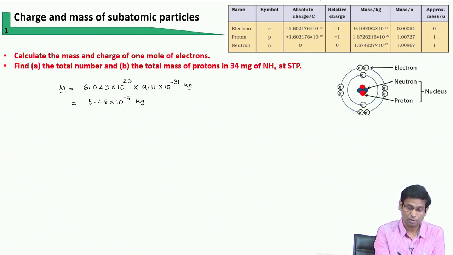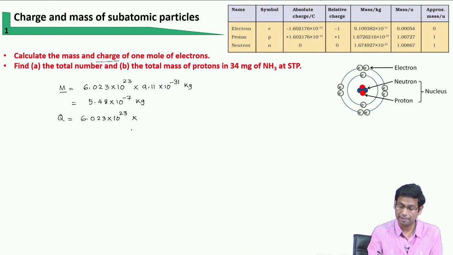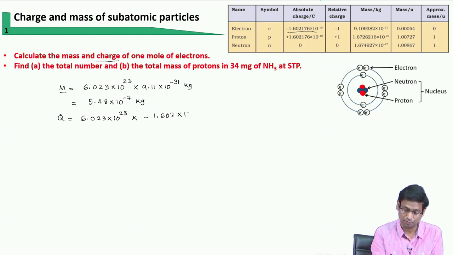Now, this is the total mass of 1 mole of electrons. Let us find out the charge of 1 mole of electrons. Again we have 1 mole of electrons, so 6.023 into 10 to the power 23, and we now multiply by the charge of the electron, which, you remember, is a negatively charged particle. So, minus 1.602 into 10 to the power minus 19, the unit is coulomb.